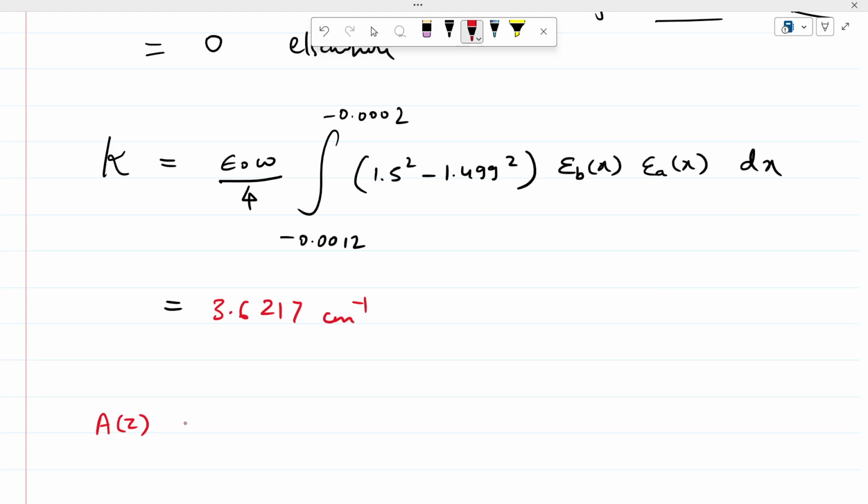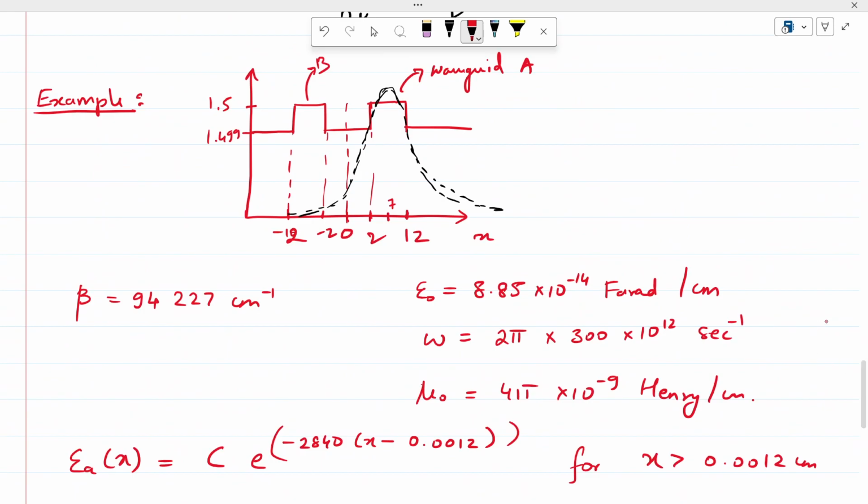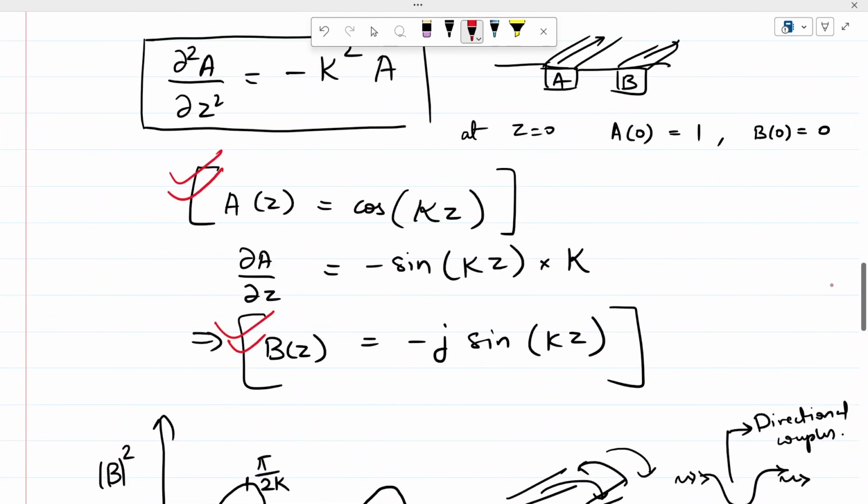And then my A z will be nothing but A naught cos kz. Similarly, B z will be minus j sine kz.